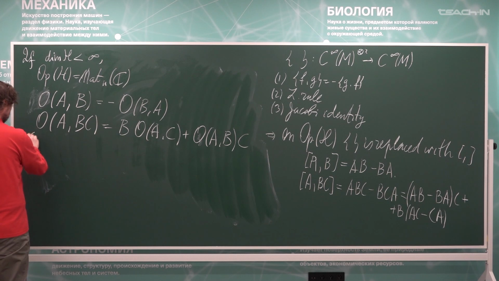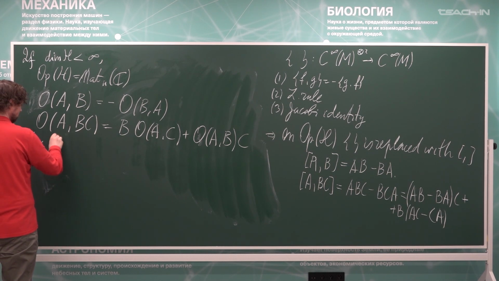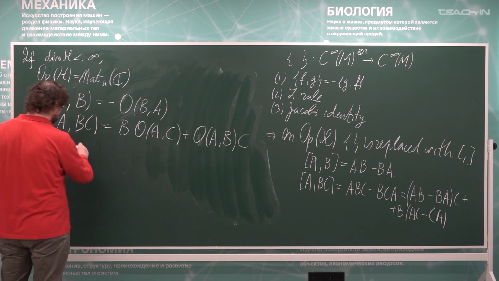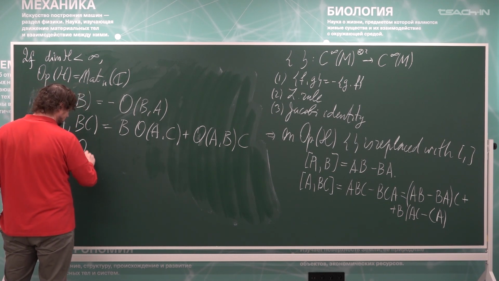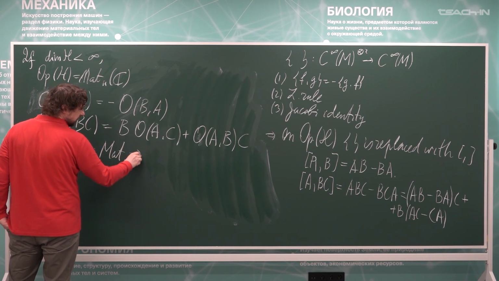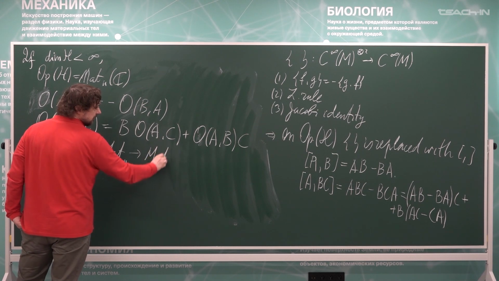If we fix A, we see that this operation O sub A is a map from matrices to matrices that verifies the Leibniz rule.